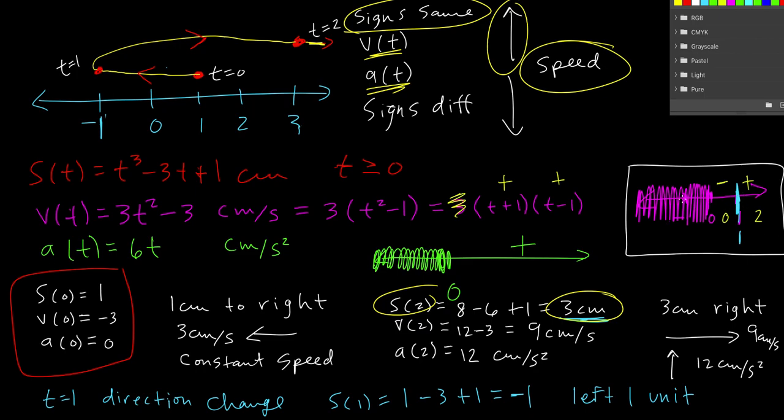And so if we just look at these two sign diagrams, and we were to lay them on top of each other, we see from 0 to 1, they have different signs because this is positive and this is negative. But then after 1, they're both going to be positive forever. And so we can just say for t is greater than or equal to 1. Okay? So when t is greater than 1, the speed is increasing.